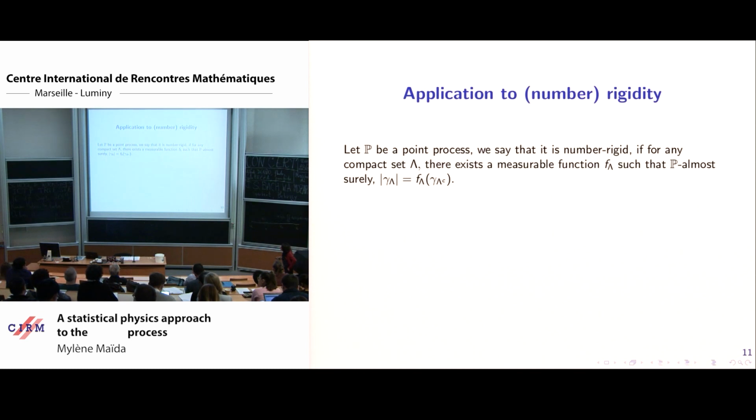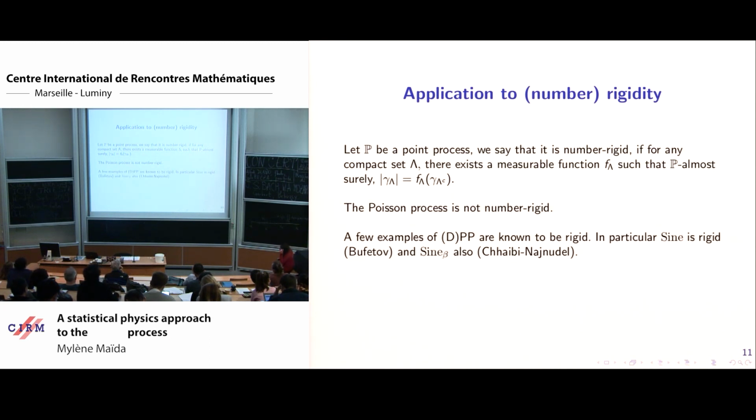property of point processes. And for example, it's exactly the contrary of Poisson processes, because for Poisson processes, the number of points inside is completely independent of the outside. So it's really the opposite. Here it's really deterministic. So we have a few examples of point processes that are known to be rigid.